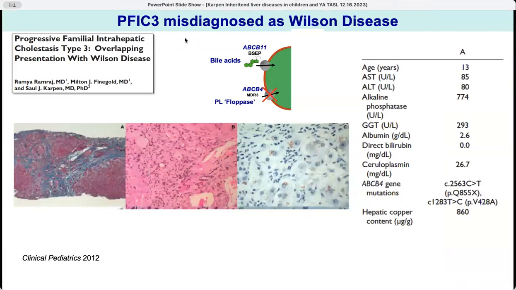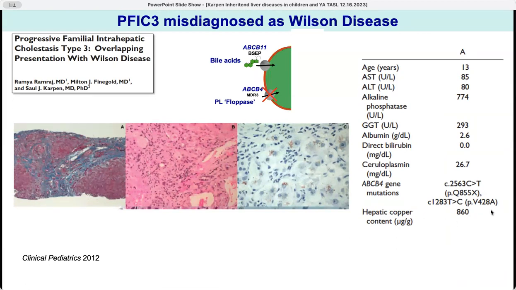Finally, for this particular gene, and these are two patients that we published, but others have published this as well. ABCB4 variants can mimic Wilson disease if somebody is focused just on how much copper is in the liver. These severe biliary tract disorders can accrete copper.